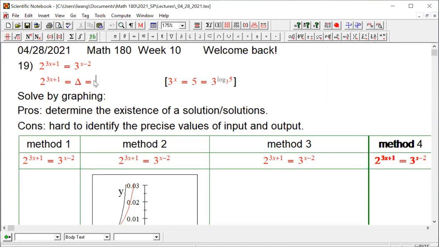And this triangle would equal 2 raised to the power of log base 2 of triangle. And what is triangle? Triangle is this guy. So we continue, and triangle is placed here. Do you see that?